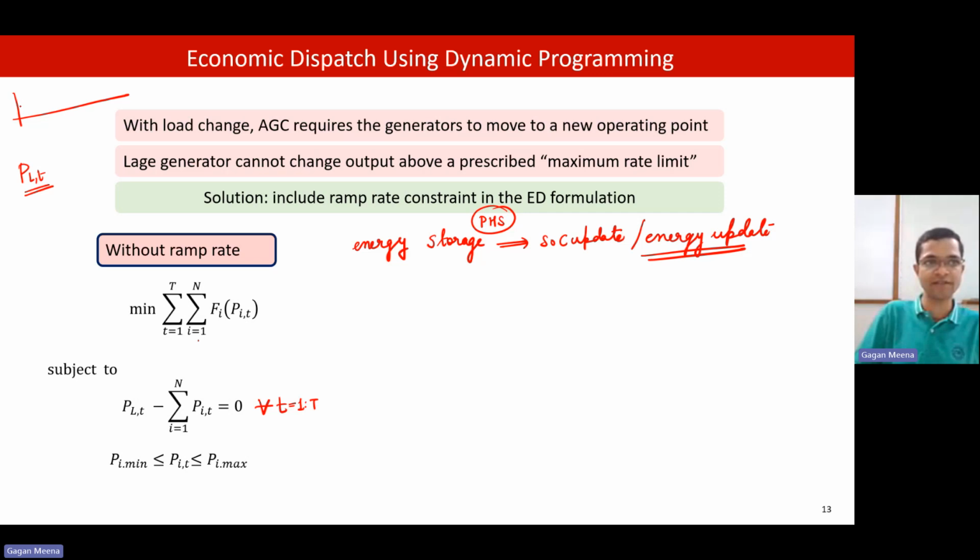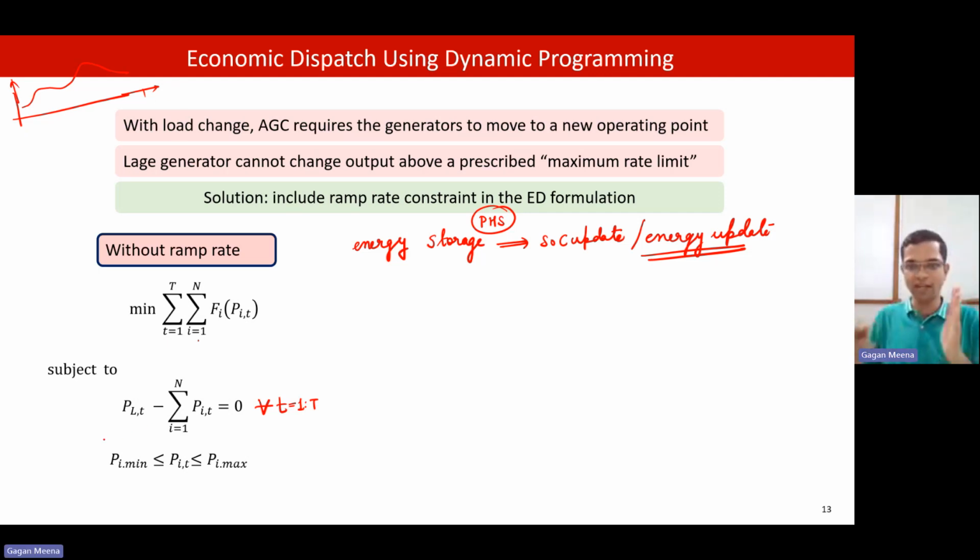This is a time series, a typical load profile, maybe with an evening peak, something like this. This is time, 1 to 96. This P_L for each time block, we can say P_L is a vector of 96 cross 1, and P_L,t is one of the elements of that vector. For each time block, we need to satisfy this.